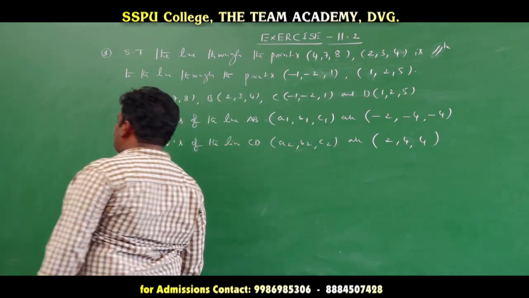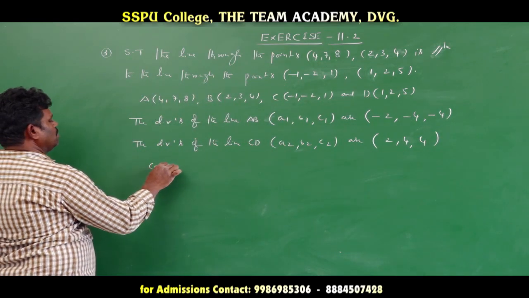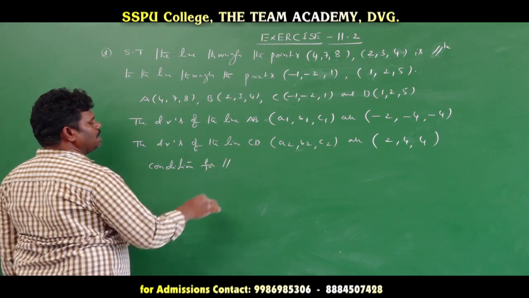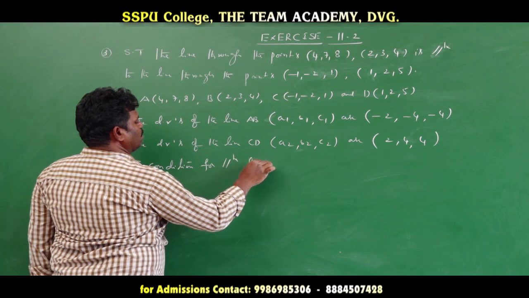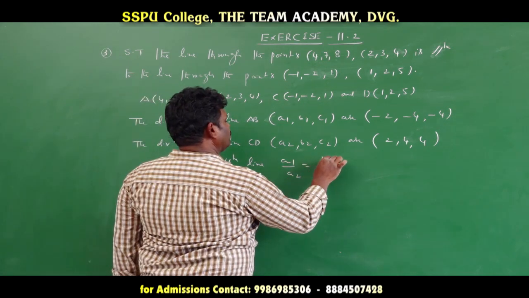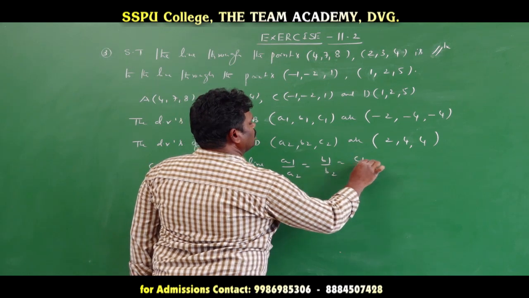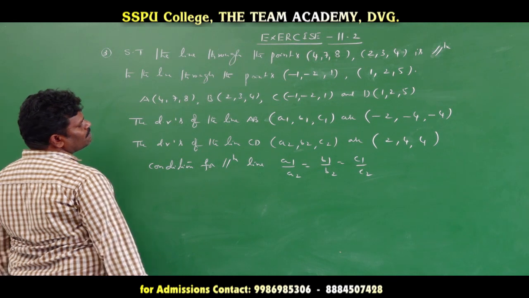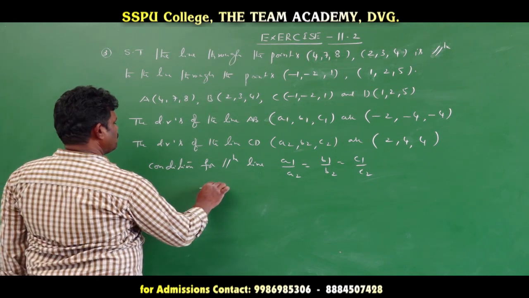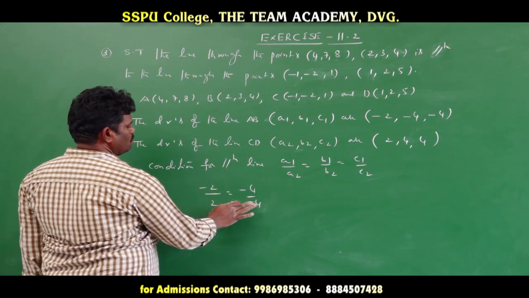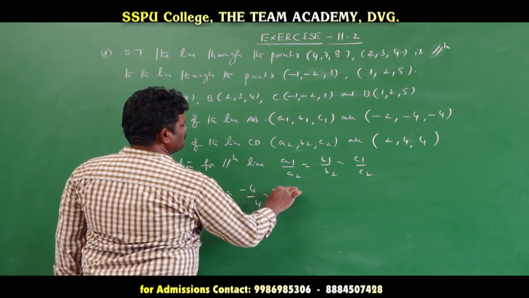So the condition for parallel lines: A1 by A2 is equal to B1 by B2 is equal to C1 by C2. Now verify this condition: minus 2 by 2 is equal to minus 4 by 4 is equal to minus 4 by 4.